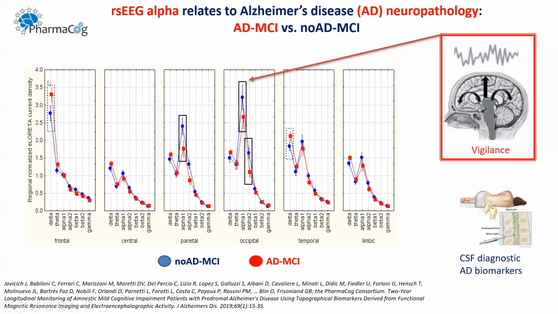And you see the typical representation. In the vertical axis, you have the intensity of the cortical source activity.